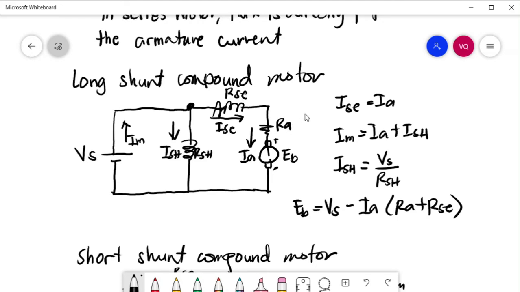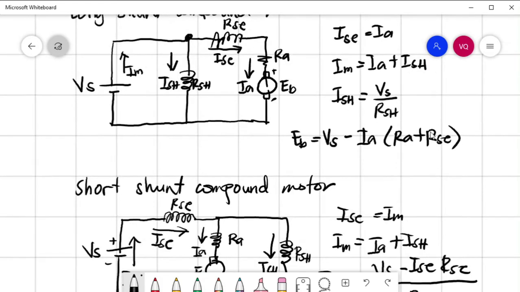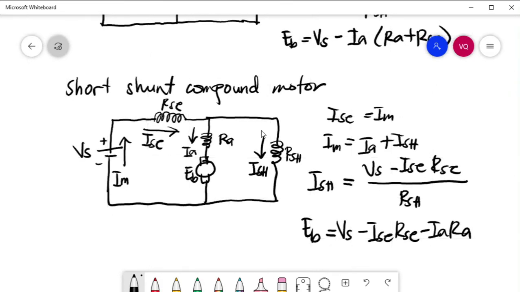For short shunt compound motor, we have here the series resistance in series with the source voltage, and Ra is in parallel with the shunt resistance. Therefore, the series current is equal to the motor current, since it is just in series with the source. At this node, you can use Im or Ise, that is equal to Ia plus Ish.